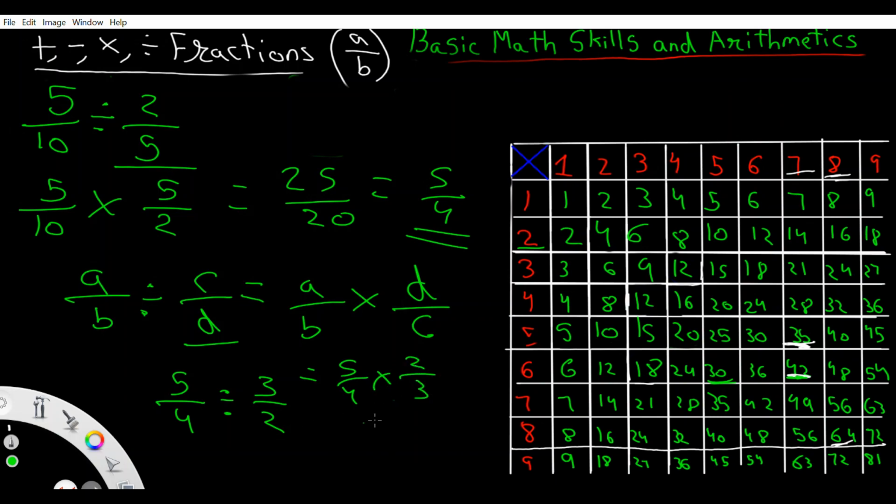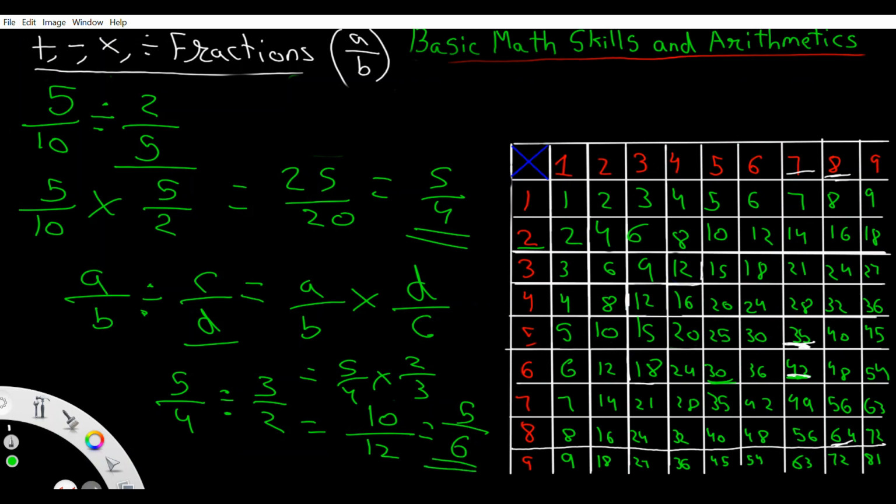You swap it around, and now you can make it 5 times 2 is 10, and 4 times 3 is 12, which turns into 5 over 6. And that's how you divide.